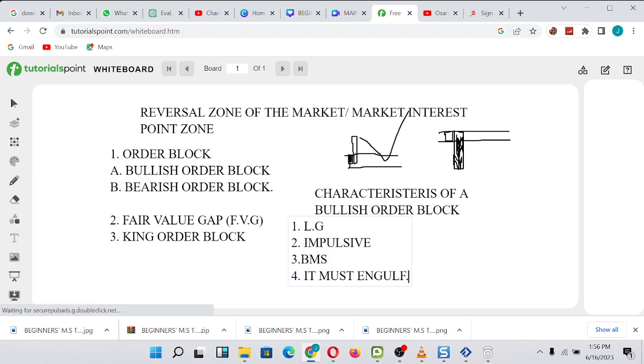The third one is that the impulsive move must be able to break the market structure. Lastly, it must engulf. If you look at the candle example I gave, this is an engulfing pattern. So the candle engulfs this bullish order block, and here it also engulfs this bearish order block.